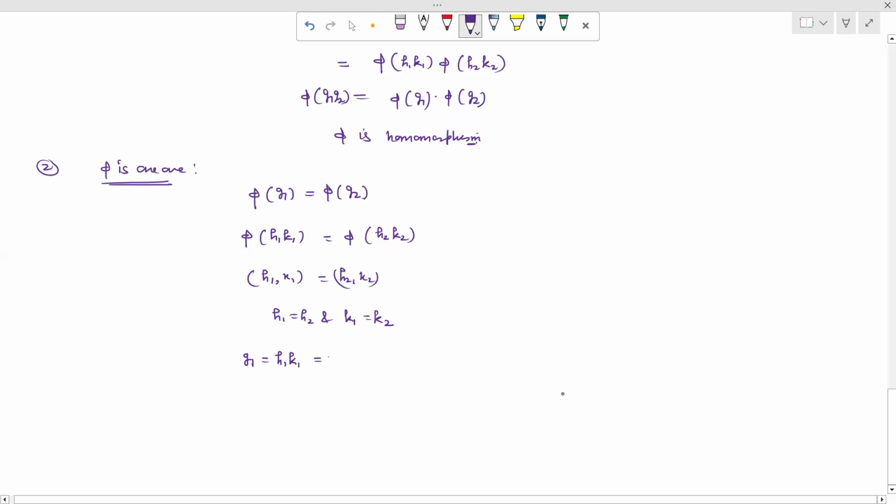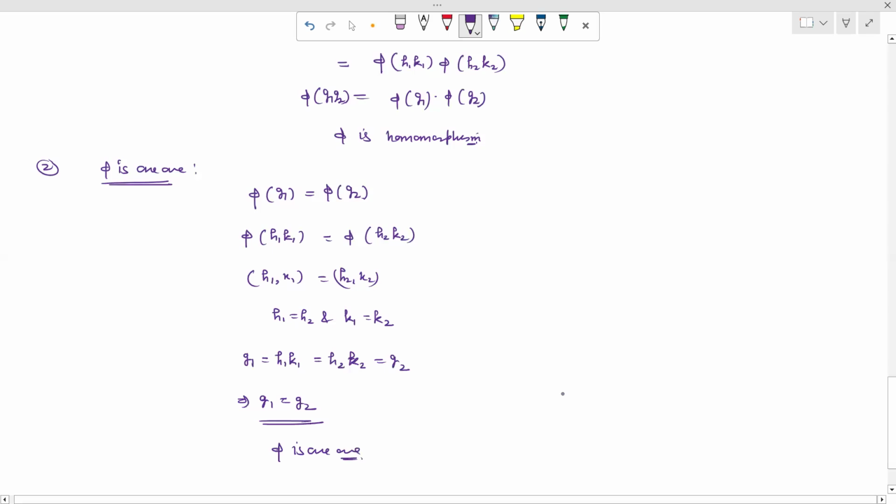So H1 equals H2 and K1 equals K2, so H1 K1 can be written as H2 into K2, which equals G2. So it implies that G1 is equal to G2. So when G1 equals G2, it means the function is 1-1.